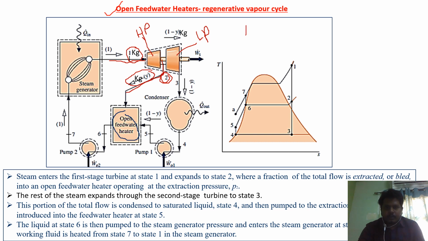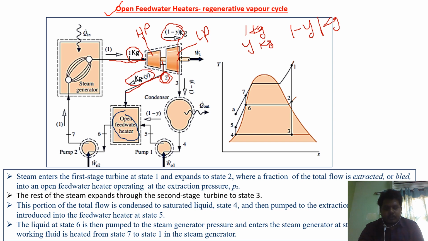Now the total mass is unit mass 1 kg, and Y kg is extracted at point 2. The remaining mass is 1 minus Y kg. So the remaining mass, 1 minus Y kg, will enter into the low pressure turbine.